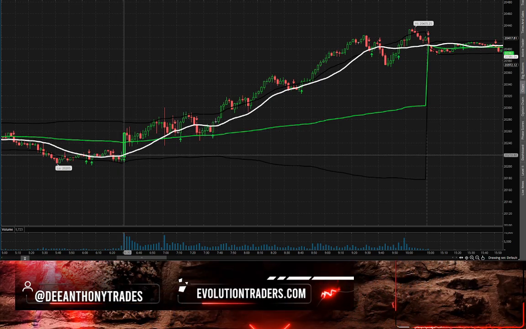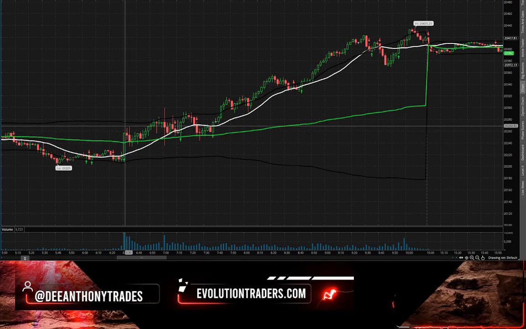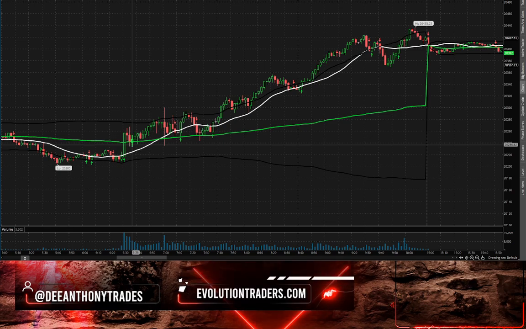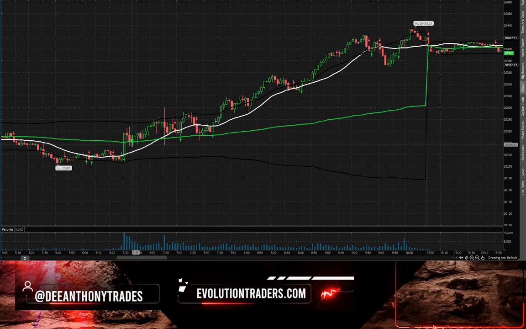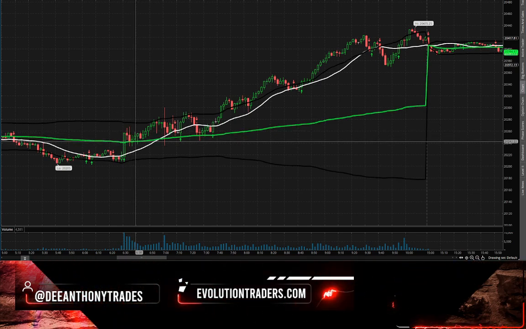Now, a lot of times traders will jump into a play like this, see this pullback for 2, 4, 6 minutes, get scared, get panicked, and start complaining on social media that the market is chopping. But realistically, all we're doing is back testing support here at VWAP.